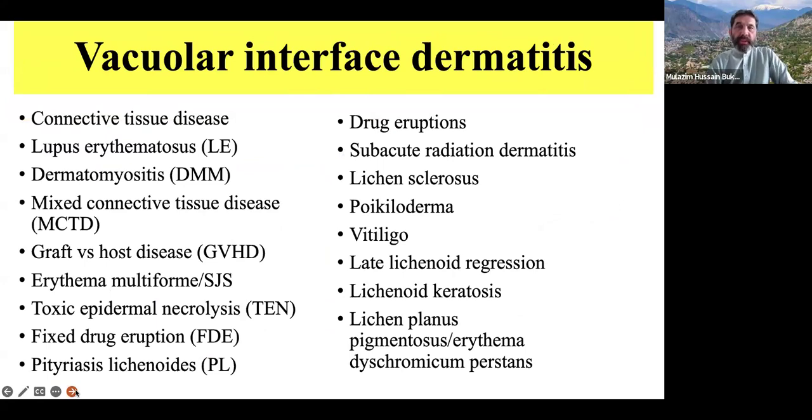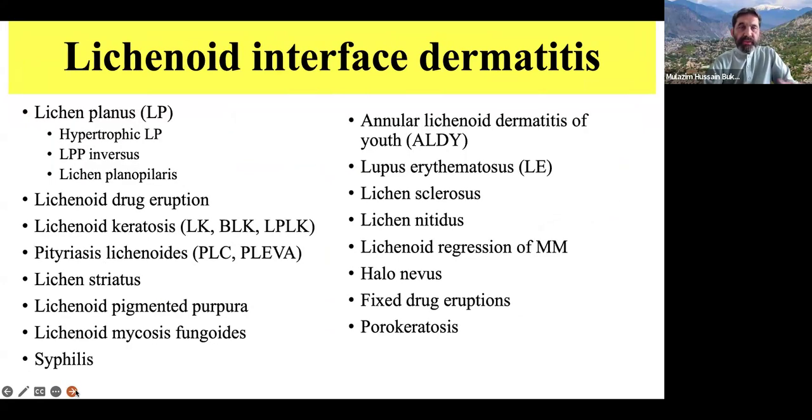So we will discuss the vacuolar variants one by one, and we have already discussed the lichenoid variants. Today we will discuss lichen planus and other things. This portion we will discuss today. Even syphilis, you always confuse.